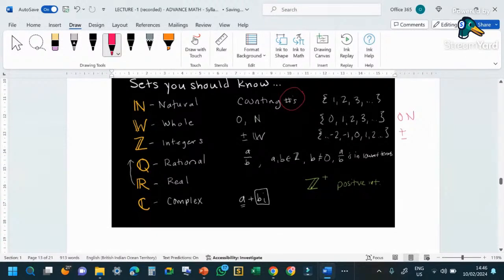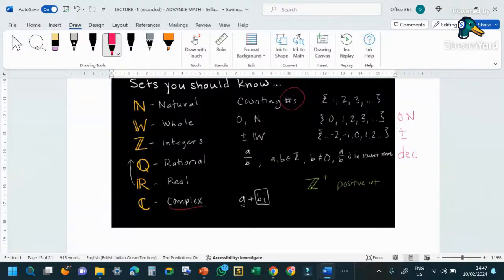And then we have the rational numbers. The rational will include the decimal numbers. Okay. And the real numbers would include non-repeating or repeating decimals, numbers with decimal places.